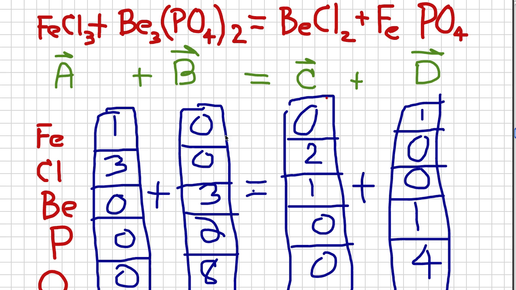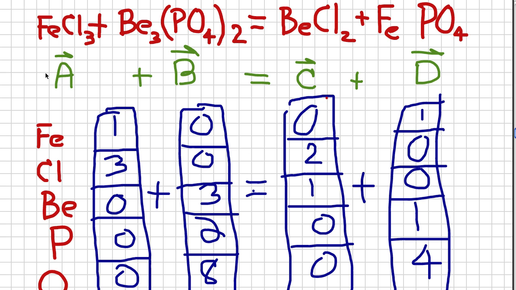And then I'm going to have each row dedicated to each element that appears in the equation. And I just write these down in the order that the elements appear. So iron, we have an iron row, we have a chlorine row, here's a row for Be, here's a row for P, here's a row for O. Okay, this is the row for O, P, Be, Cl, and Fe.